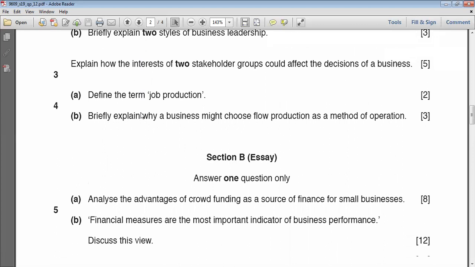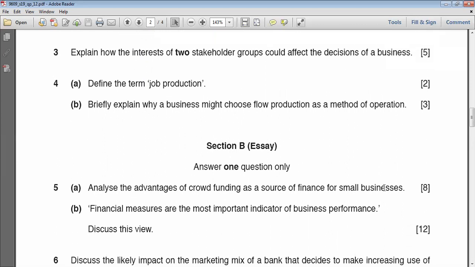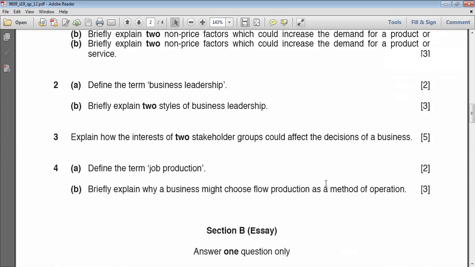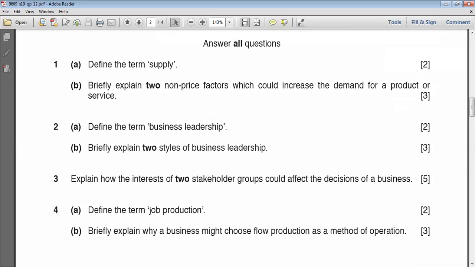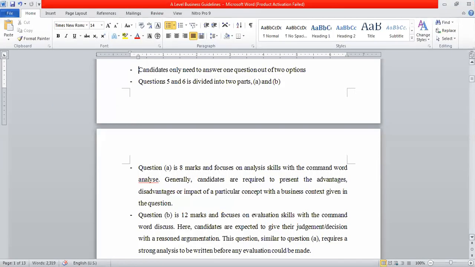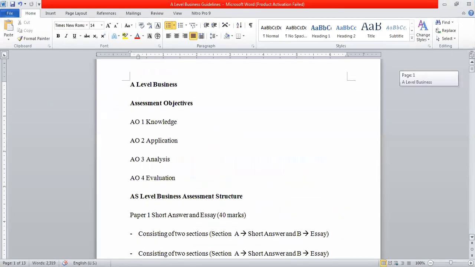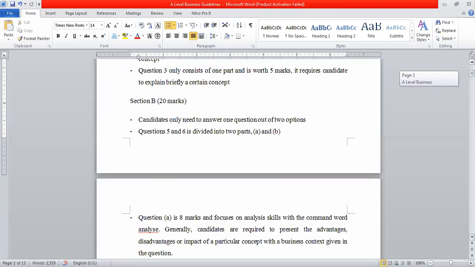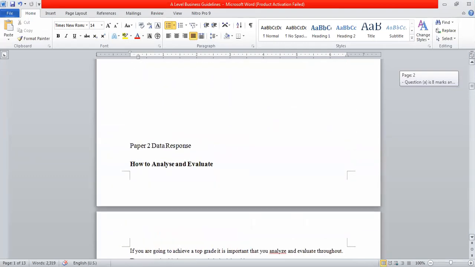Then after that you try your best for section B, because this requires longer responses. So that will be the guideline that can be given for the AS and A-level examination, particularly for paper 1.